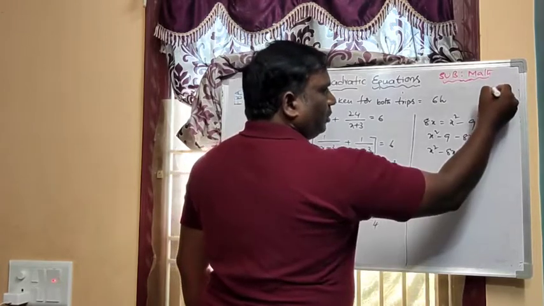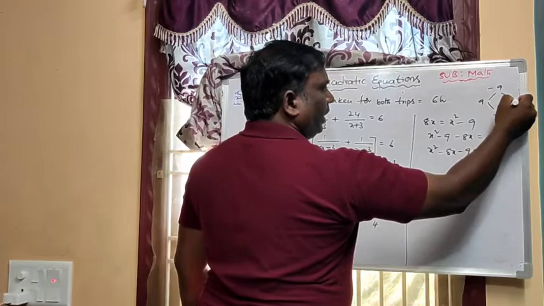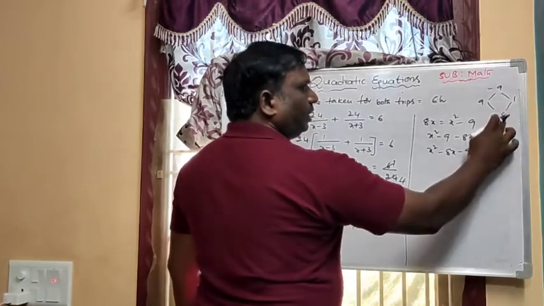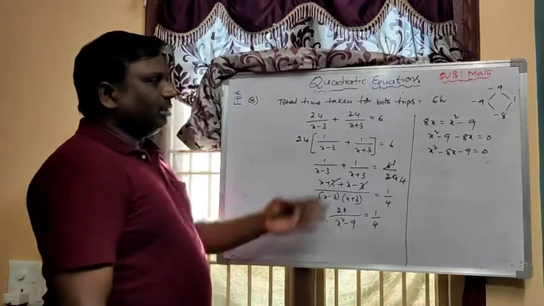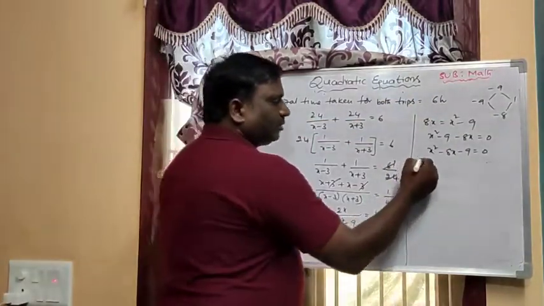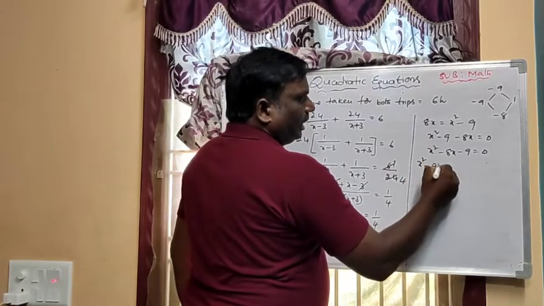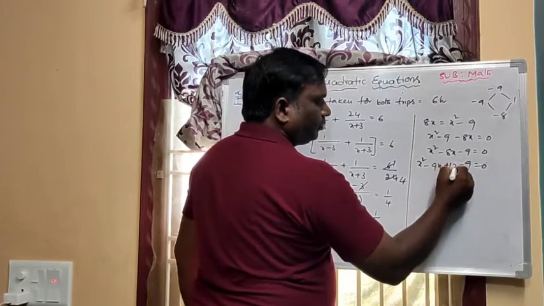So the numbers are minus 9 and 1. To get minus 8, we need to take the negative sign for the bigger value: minus 9 plus 1 is minus 8, and minus 9 into 1 is minus 9. So x square minus 9x plus 1x minus 9 equal to 0.